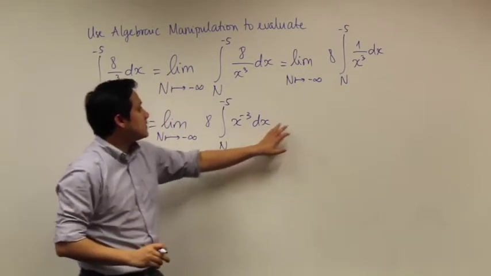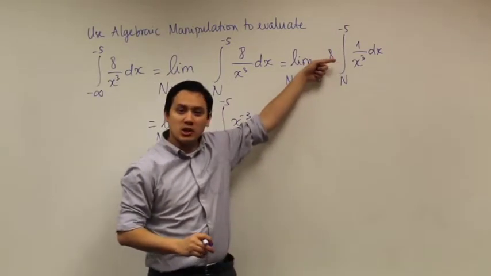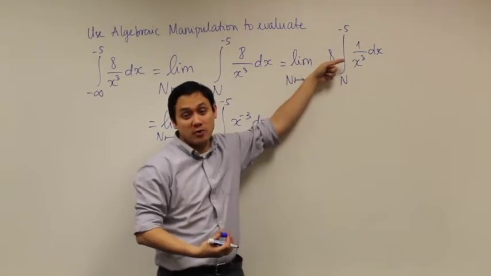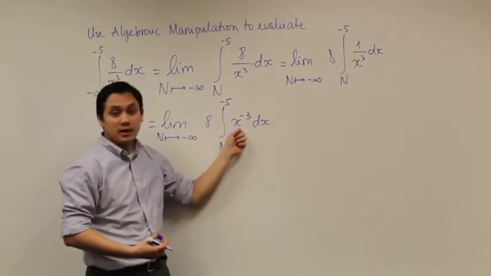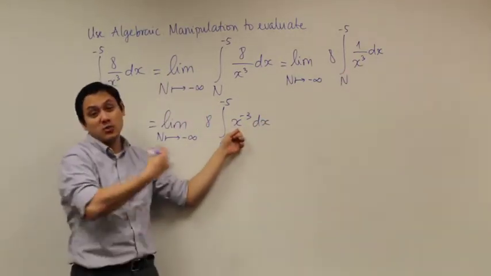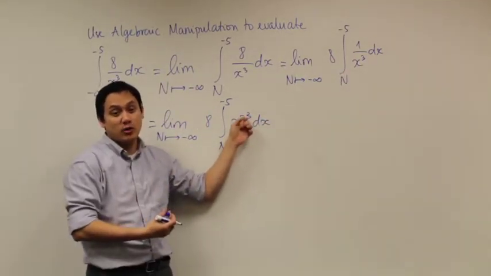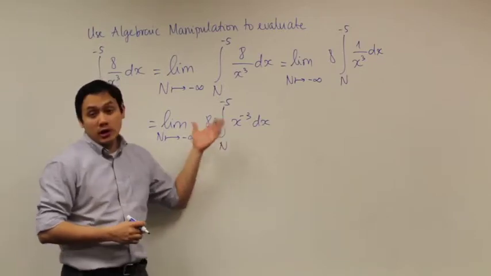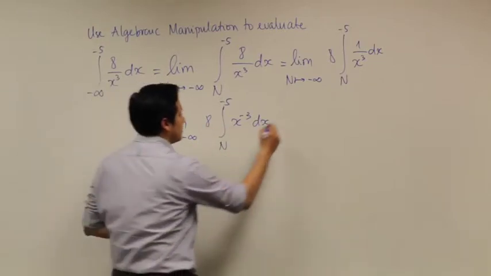Because I have 1 over x cubed, I bring x cubed from the denominator to the numerator, which is why I changed the sign of the power. From here, you can use the power rule.